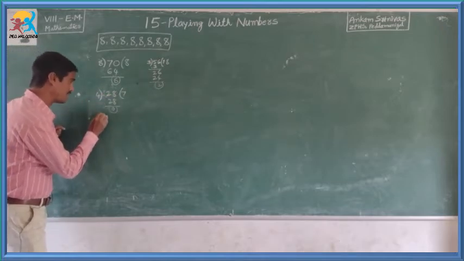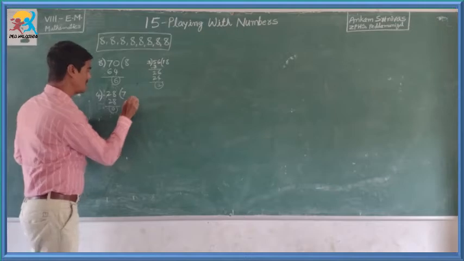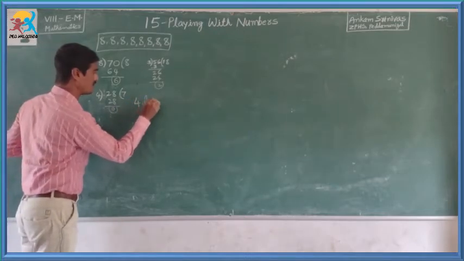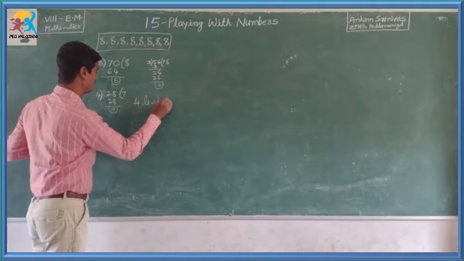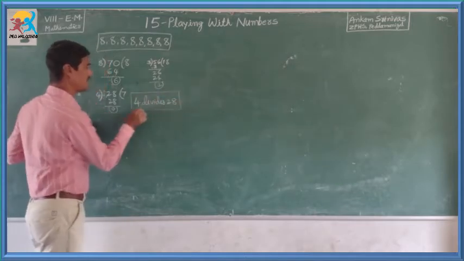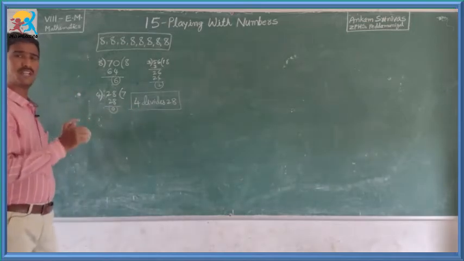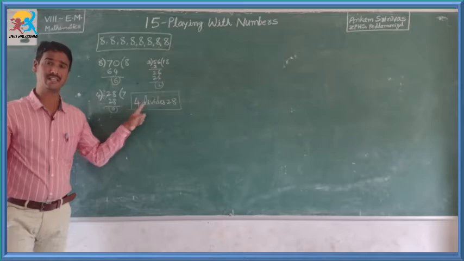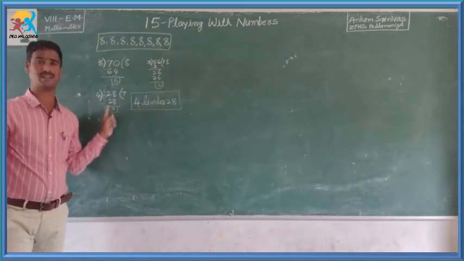So we have to write this: 4 divides 28. 4 divides 28 means 28 is exactly divisible by 4. Exactly divisible by 4 means remainder 0.